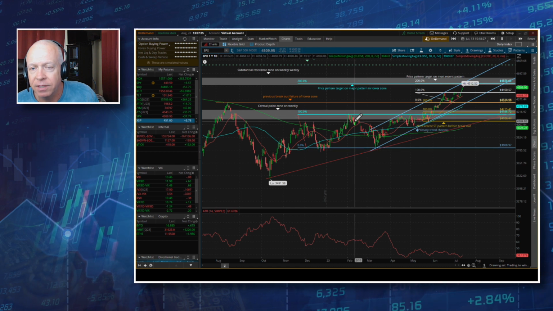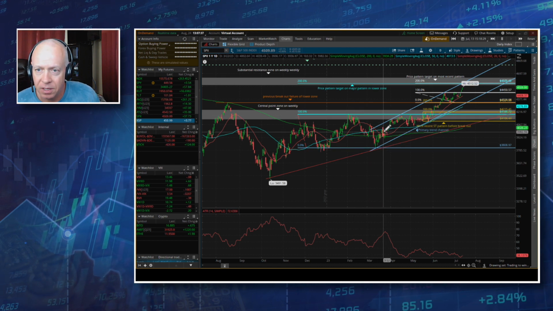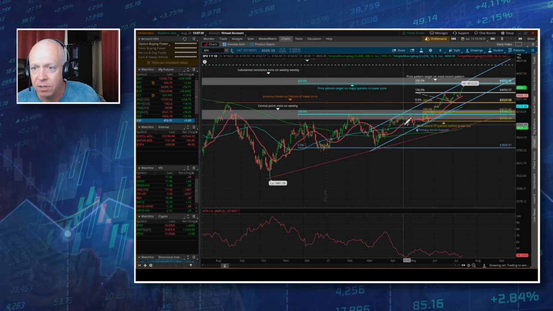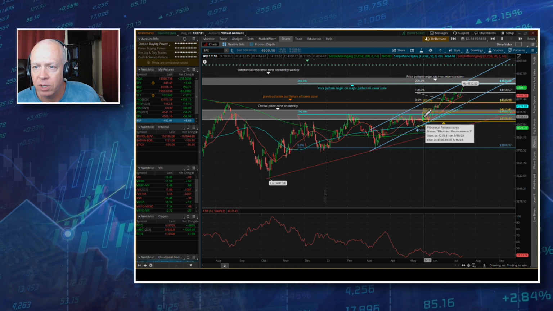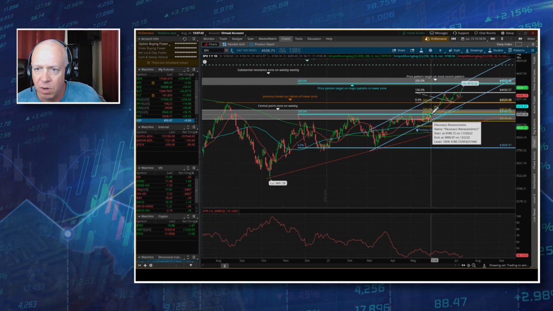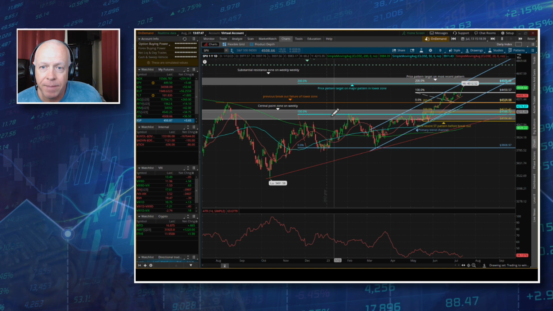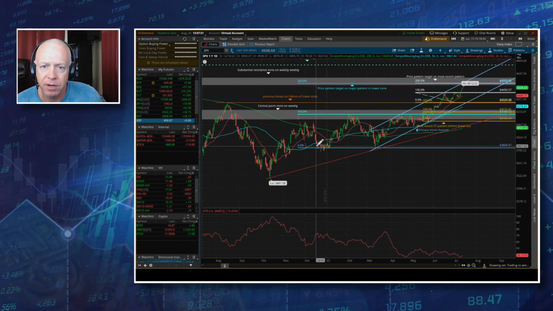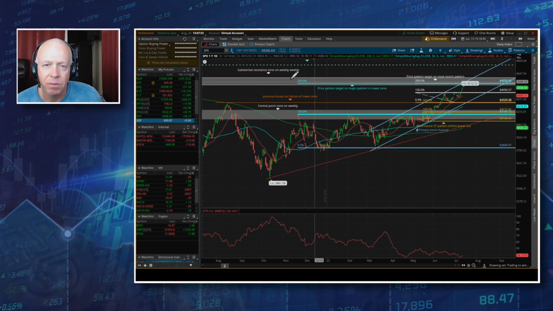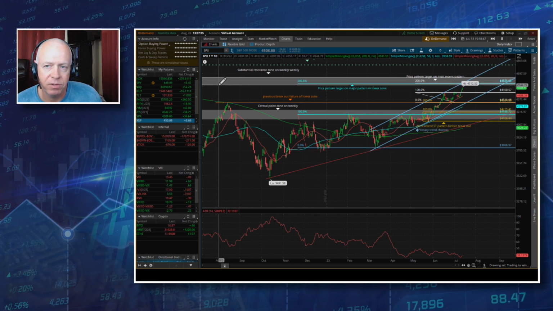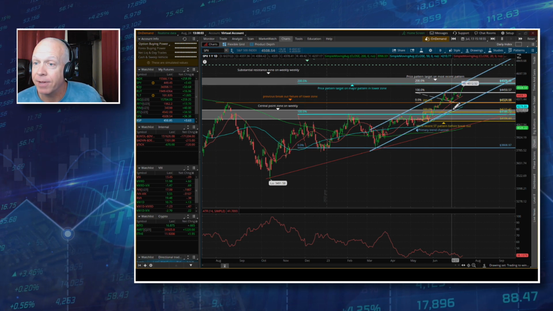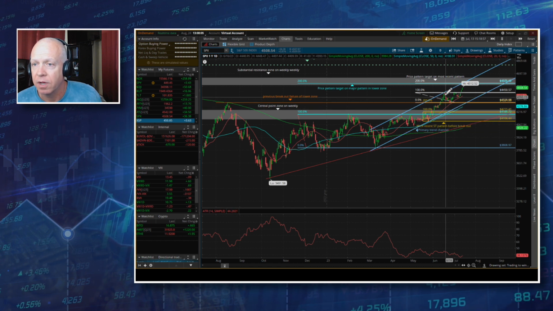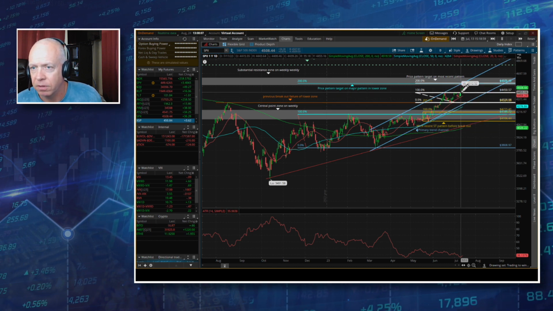But I see this as a cup and handle pattern, where the cup is here, the handle's here, and the breakout is probably right here. With that pattern, I have a price pattern target, and that price pattern target happens to be right here in this weekly zone.